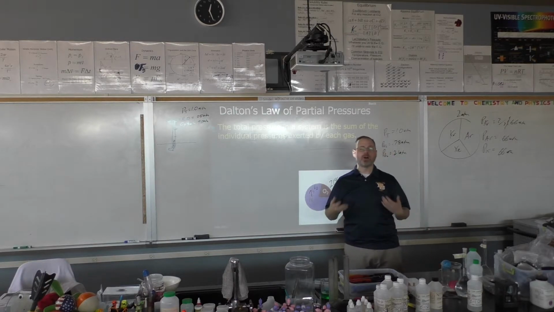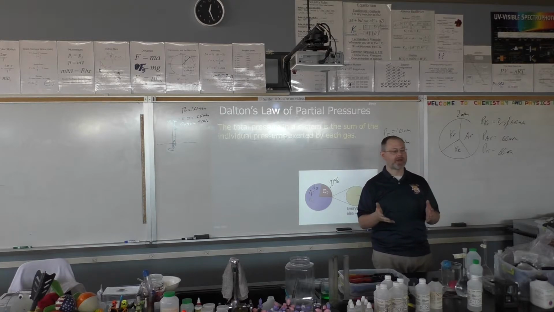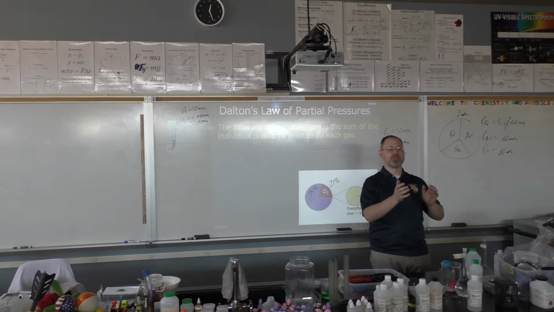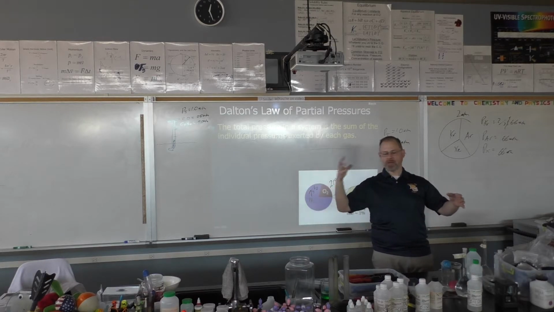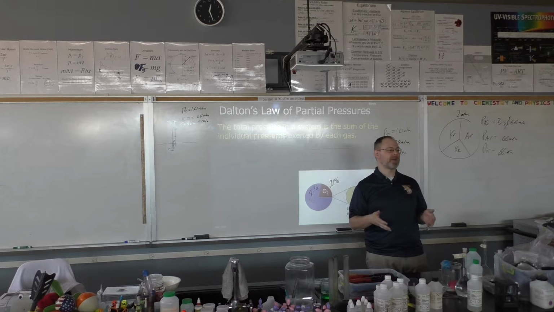Okay. So Dalton's Law basically says, if you have a sample of gas made up of various other gases, the total pressure is equal to the sum of the individual gas pressures. So if you take gas A, half an atmosphere, gas B, half an atmosphere, gas C, half an atmosphere, the total pressure would be 1.5 atmospheres.